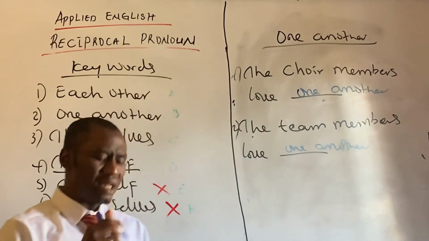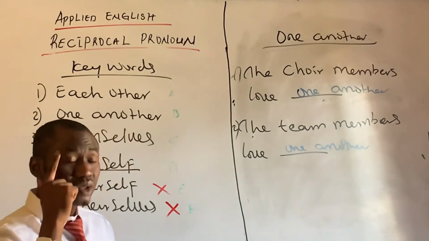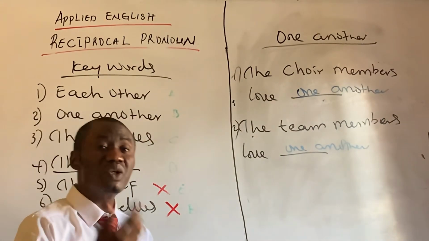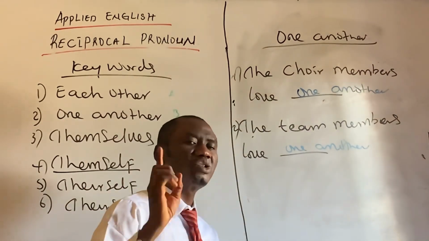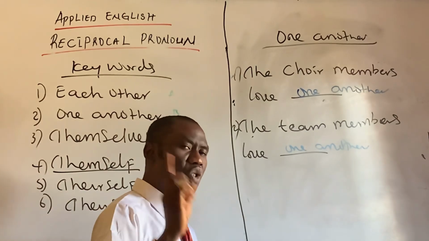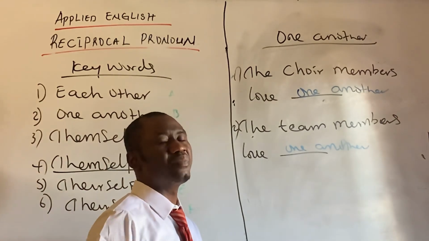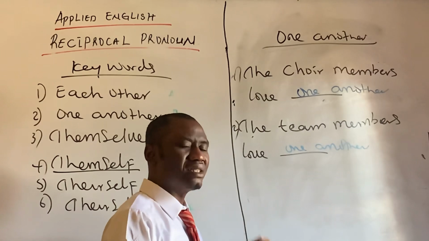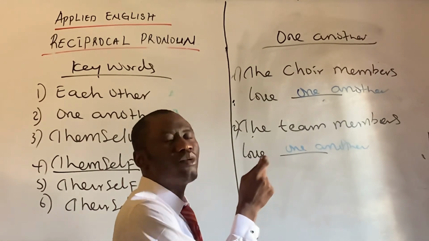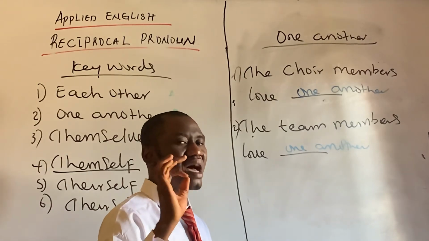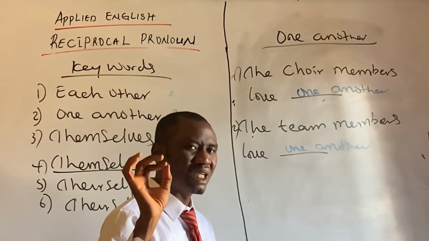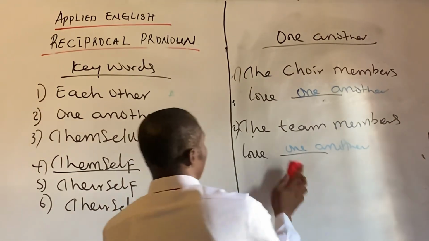All right. Now the next one to see how we make use of is themselves. You have known how to use each other. You have also known how to use one another in expression, in writing, or in picking out your answer if you have an English objective question test.